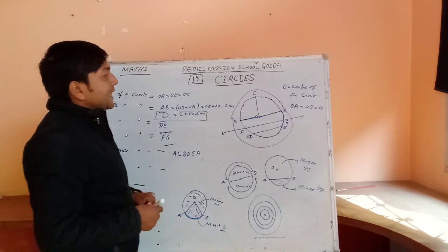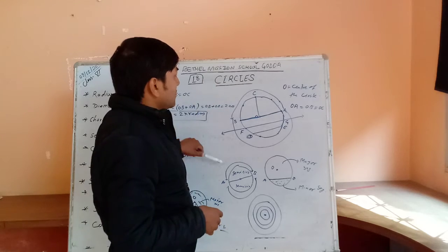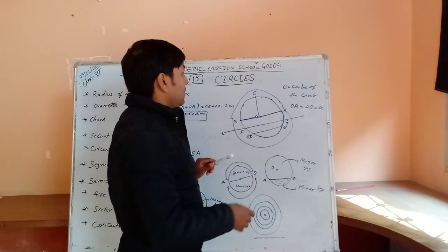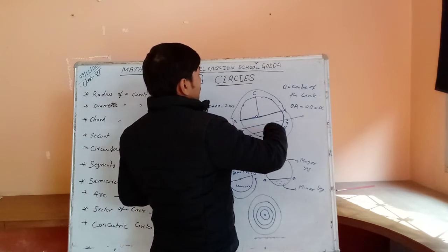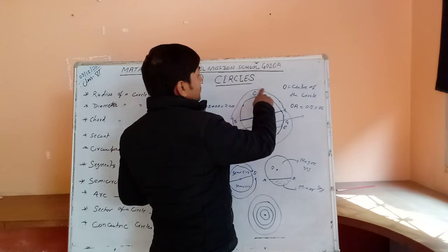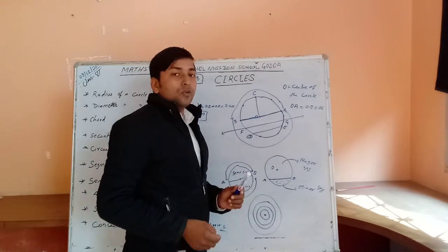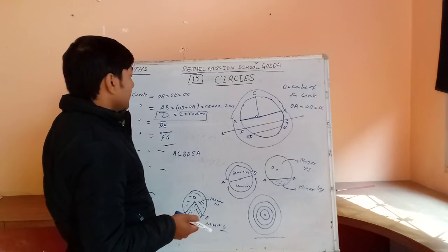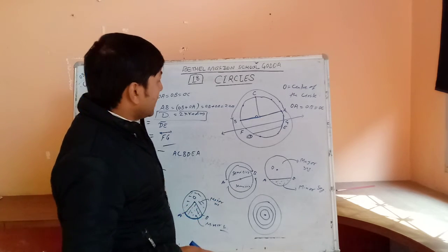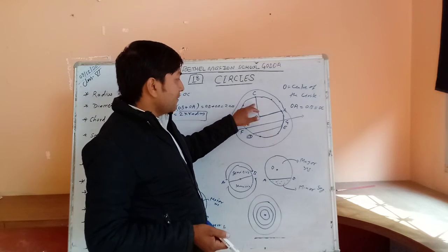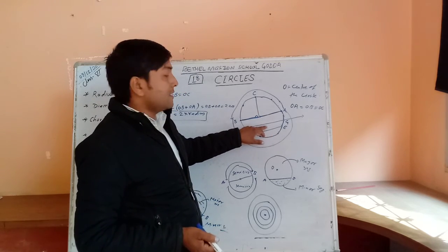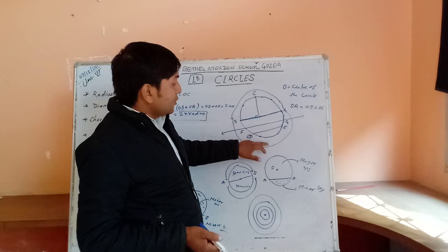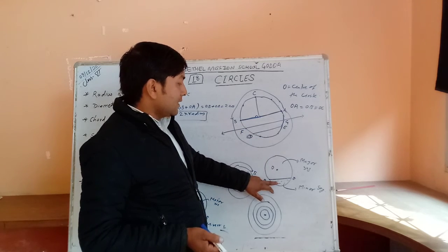And the circumference is the whole distance around the circle, from one point A back to A. And the segments, what are segments? When a chord divides the circle into two parts, they are called segments.